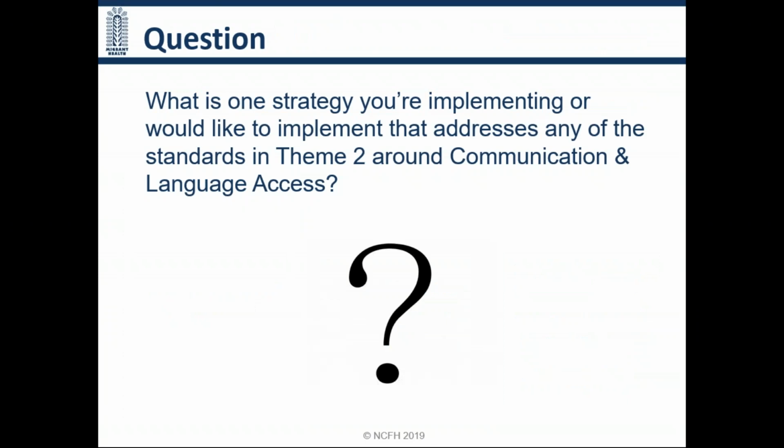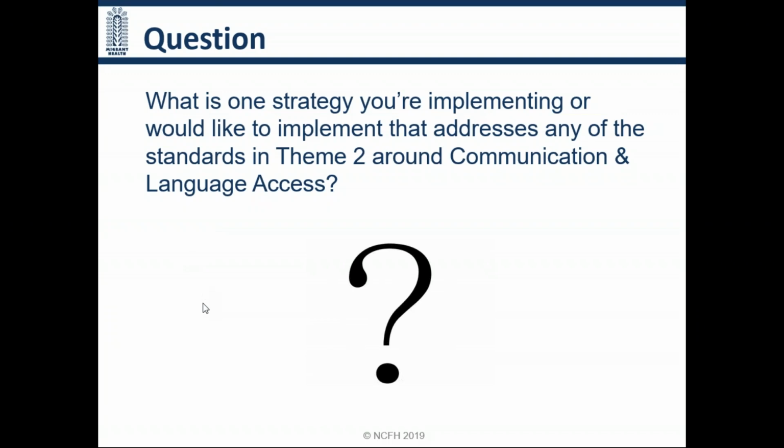So for this particular theme, what is one strategy that you're already doing, or that you would like to do, that addresses any of these standards in theme 2 around communication and language access? Let's use the chat feature once again and see what you're doing out there.